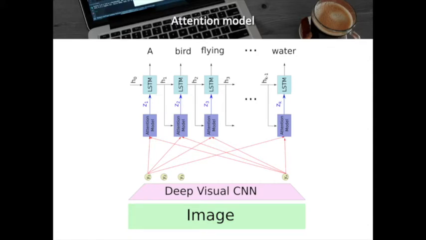And then the output of our attention model is the representation of the image, filtered in a way so that we retain only the relevant part of an image, and use this again as an input for the next LSTM model. And this in turn returns the next hidden state.